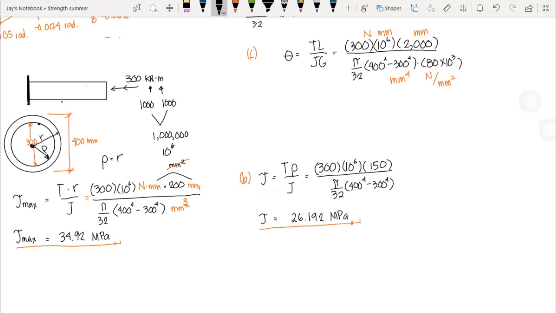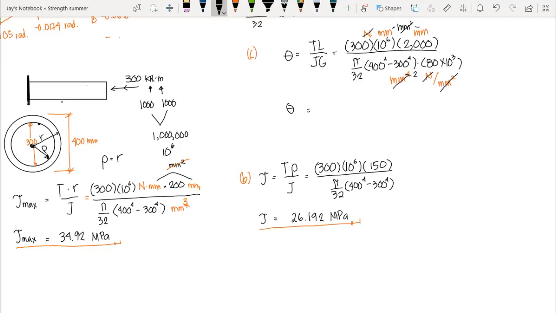We can cancel square millimeter here, and we can cancel 4, so the remaining would be 2. But take note, we have a millimeter squared here. If we multiply this millimeter, we can cancel this out. And we have Newton and Newton, so therefore our angle here is unitless. So it is safe to say that our theta here is in radian.